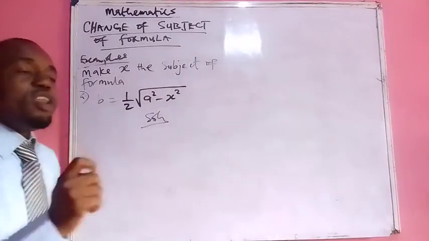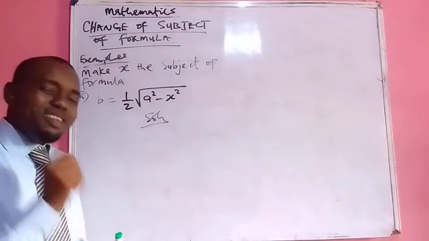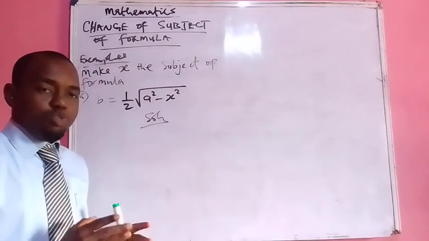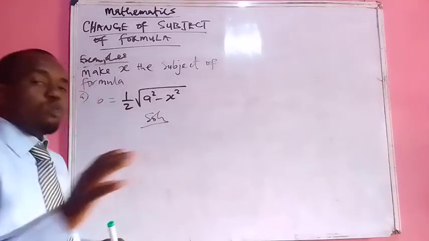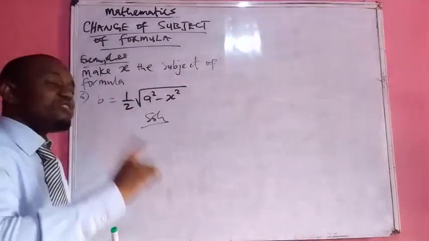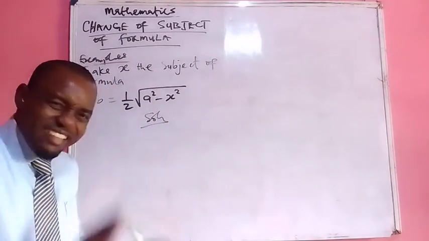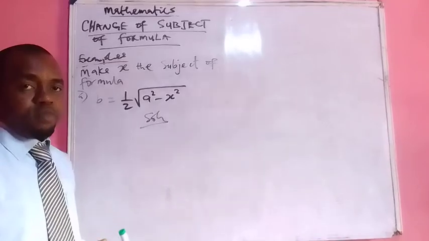Now, whenever you are working on subject of formula, this is the first thing you need to do. Check what you are focusing on. We are focusing on x now. Try as much as possible to remove every other parameter that is not related to what you are working on.